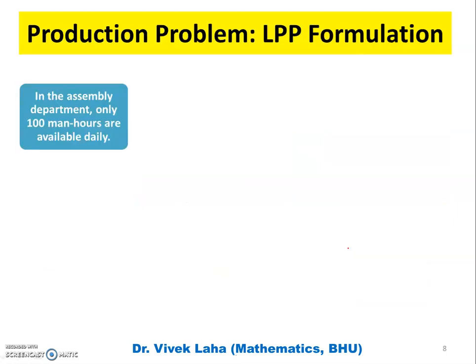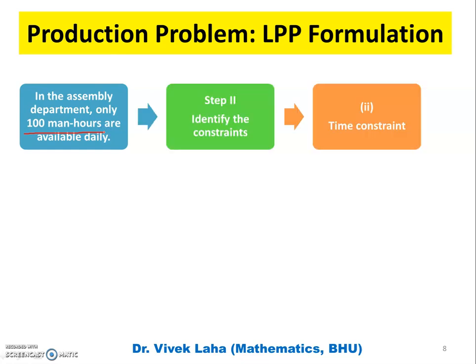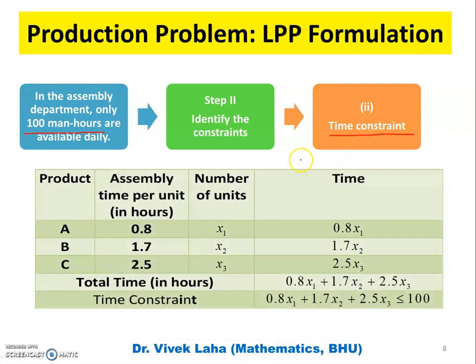Now, in the assembly department, only 100 man-hours are available. So these 100 man-hours are a constraint, and that is a time constraint. The third constraint is the time constraint, and we have to mathematically formulate it. The assembly time per unit in hours for A, B, and C is given in the question.